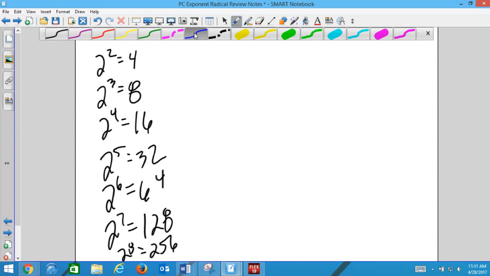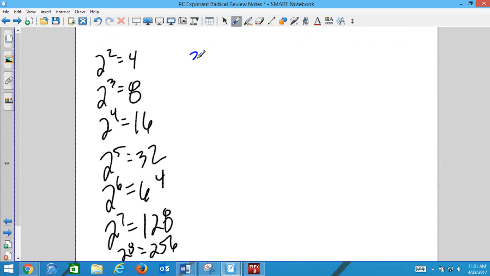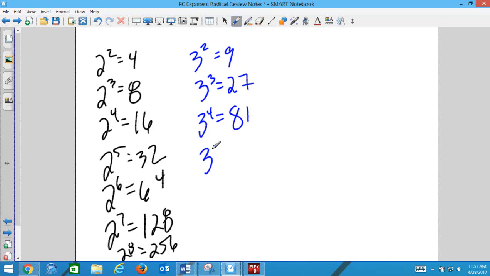But it does say do stuff without a calculator, so that's why I'm writing them down. 3 squared is 9. 3 to the third is 27. 3 to the fourth, 81. 3 to the fifth, if you didn't have a calculator, you would take the previous number and multiply it by 3.